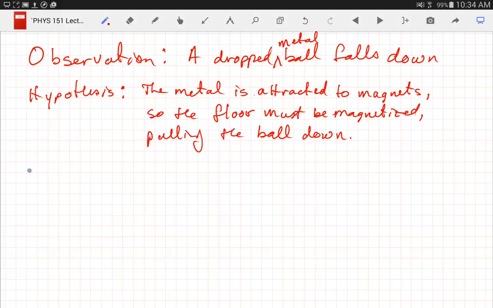And then I need to have my test. So the test I gave you was specified. You're going to drop it from 1 meter and 2 meters and compare the time to fall.